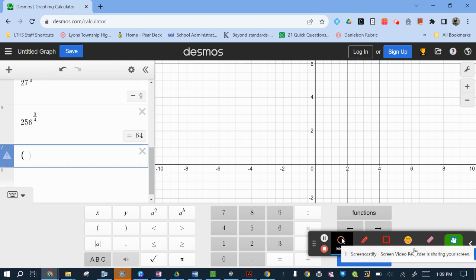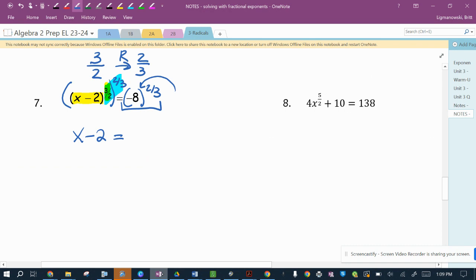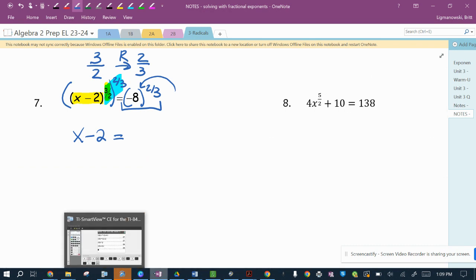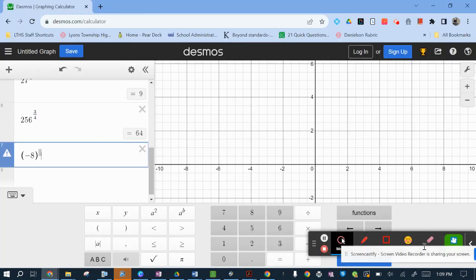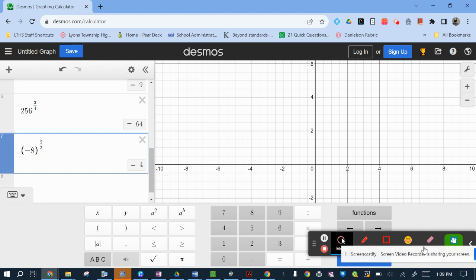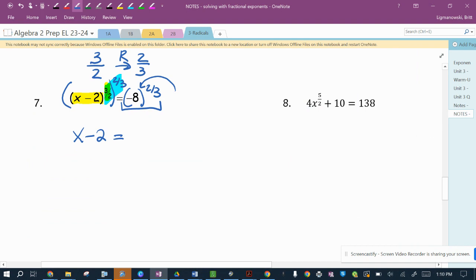So negative 8 to the, what's it again? 2 over 3, so dos over tres, is going to be cuatro, or 4. Okay, so this side's going to be 4. But then I still need to get this x alone.